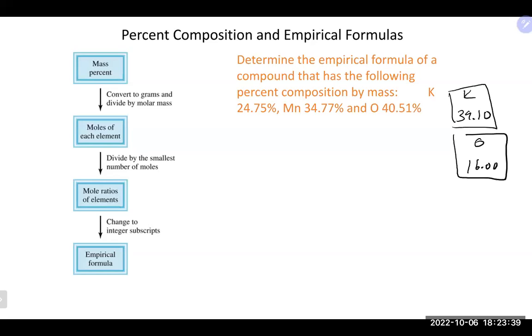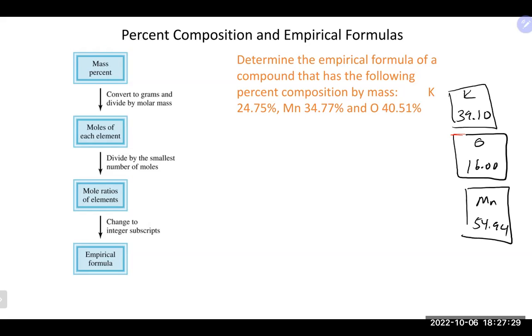And Mn is 54.94, give or take a few. All right, so follow those steps there, see what empirical formula you come up with. Good luck, see how you're doing.